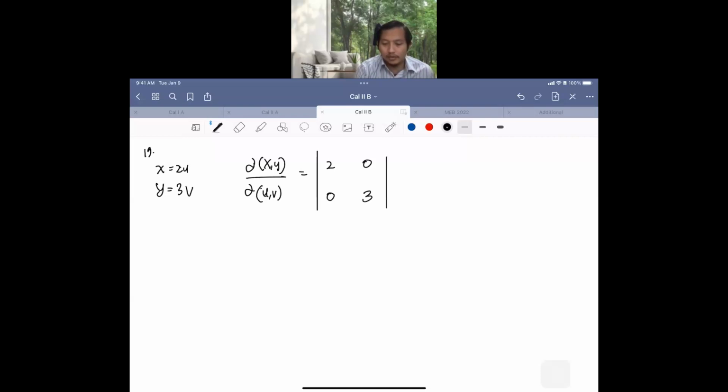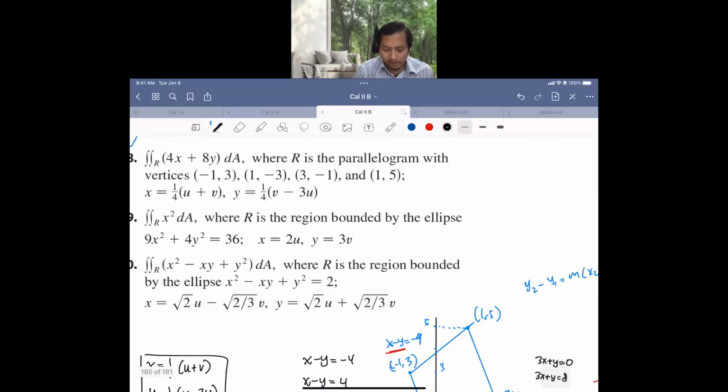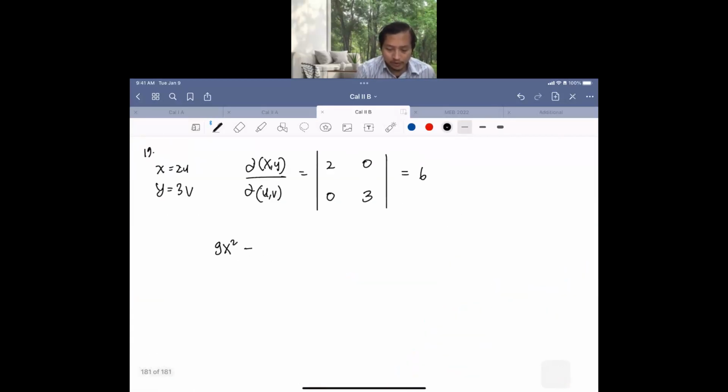And we know that this will be equal to 6. So we have 9x squared plus 4y squared, right? Less than or equal to 36 for the region. Okay, so this is the boundary.